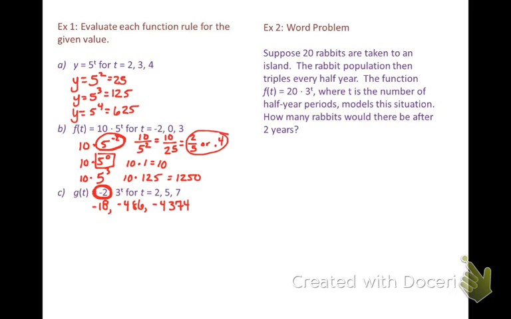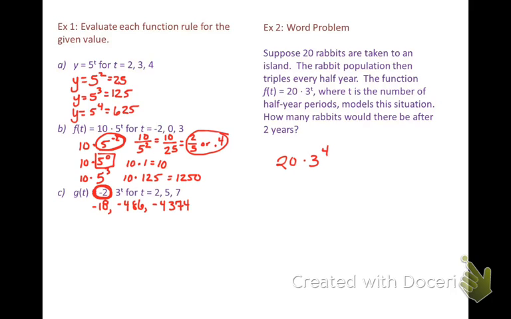The function f(t) equals 20 times 3 to the t power, where t is the number of half-year periods, models this situation. How many rabbits would there be after 2 years? So first of all, we have to find out how many half years are in 2 years. 4.